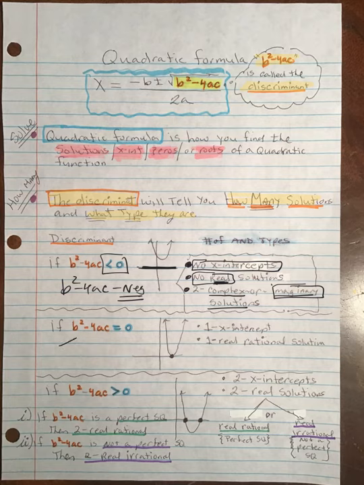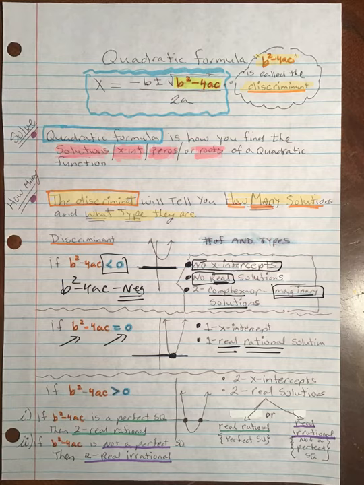If the discriminant comes out to be exactly 0, that means the vertex is going to be right on the x-axis. So there's going to be one x-intercept. And therefore it will be real, because it's not imaginary, because it actually touches the x-axis. So it has an x-intercept. So it's real, and it's going to be a rational solution.